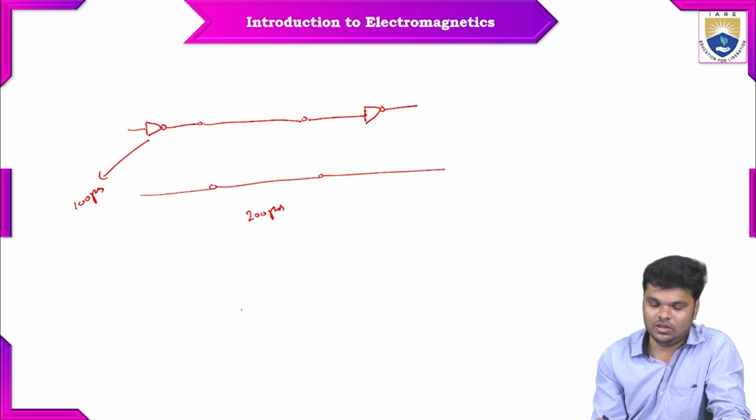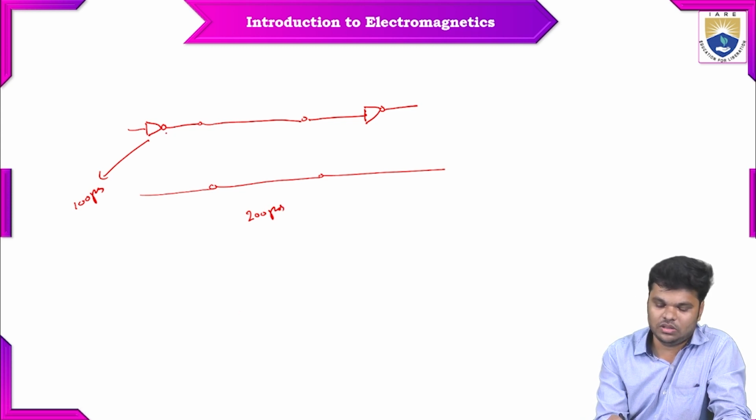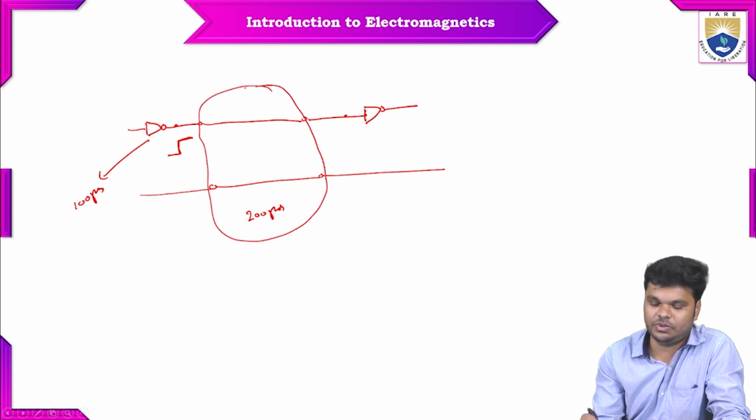So let's assume that after 100 picoseconds, the output at this point switches from low to high. The similar waveform cannot appear here after 100 picoseconds, because there is some delay present due to this interconnect, right?